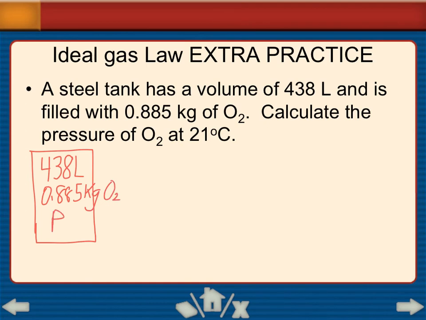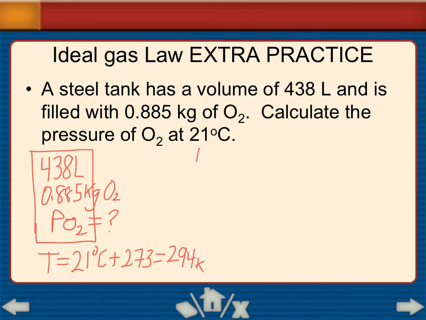We are looking for the pressure of the O2 gas, and the temperature is 21 degrees C. Add 273 to convert it to Kelvin. That comes out to be 294 Kelvin.